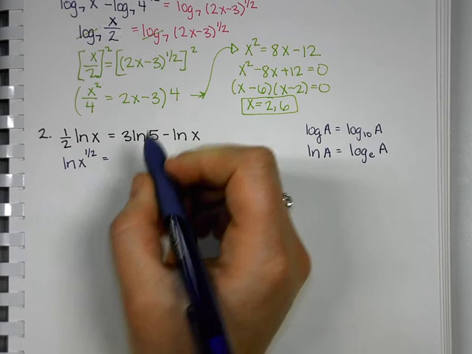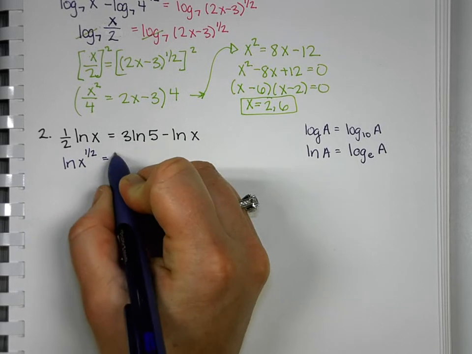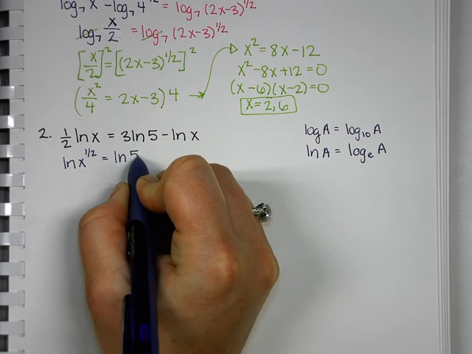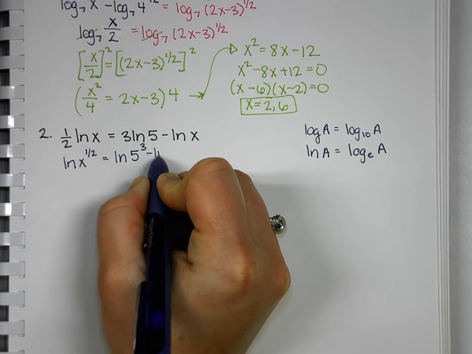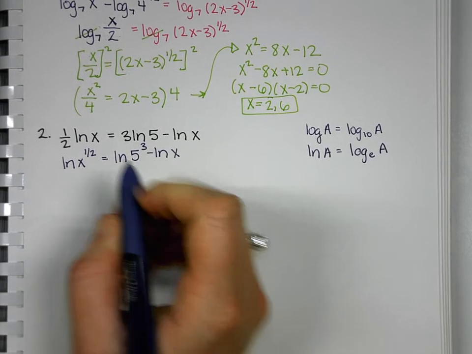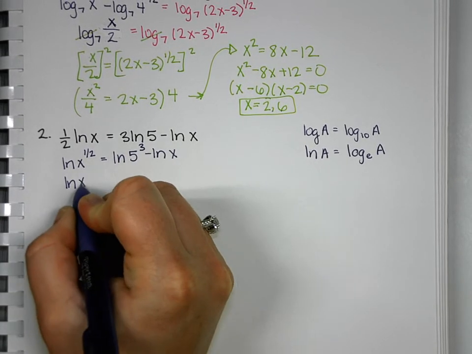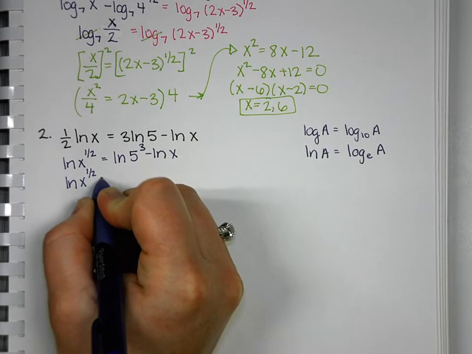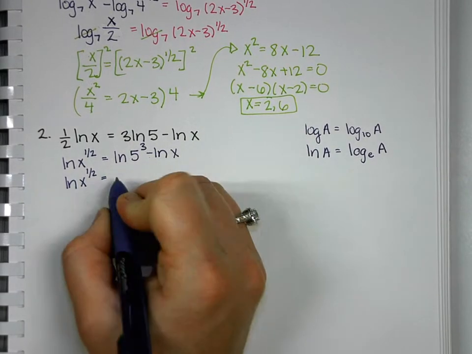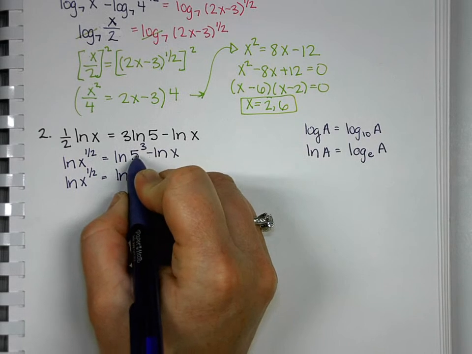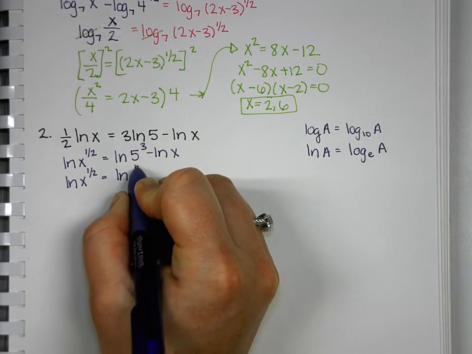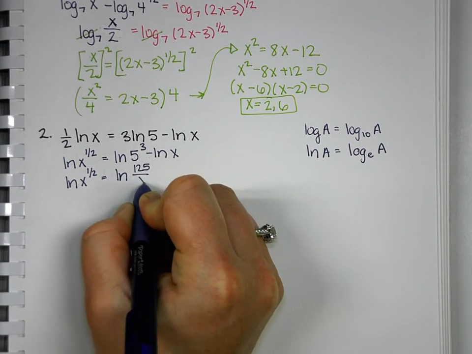On the right, I'm going to bring the 3 in as an exponent. And then that minus sign, I'm just copying down the left side at the moment, the minus tells me I'm going to divide. So 5 to the third is 125 divided by x.